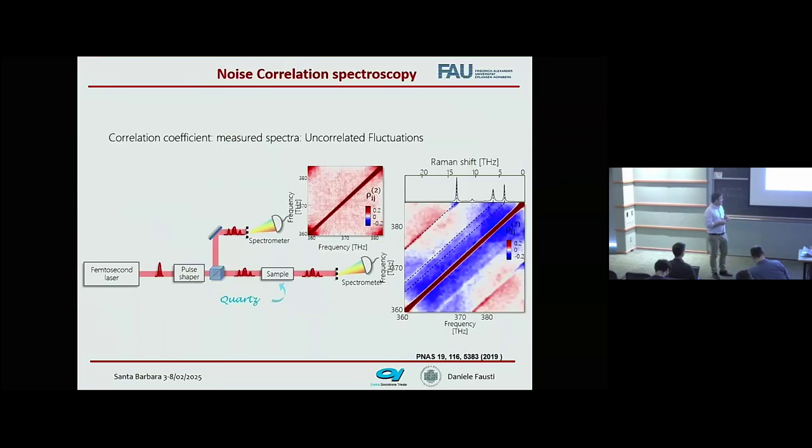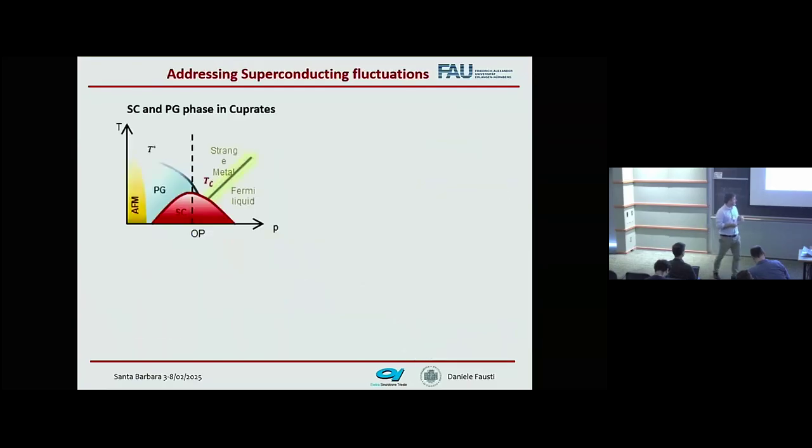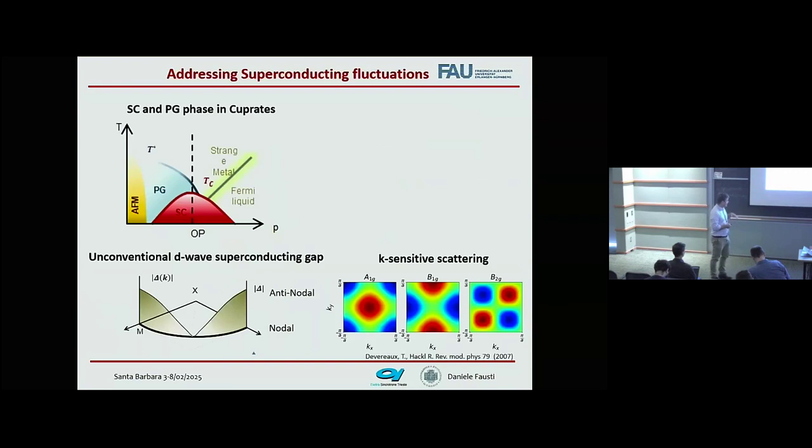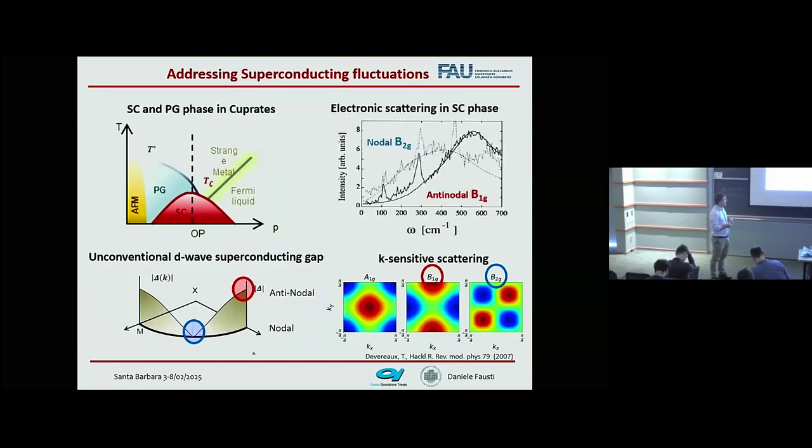We did this on simple systems for a while, and what we did recently, and here I will ask you again for another leap of faith, I just dropped the results. We asked ourselves whether we can have signatures associated to scattering processes from superconducting fluctuations in this manner, and we resorted to Raman spectroscopy.